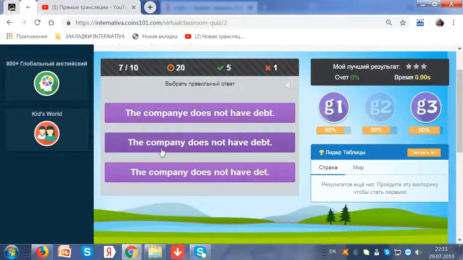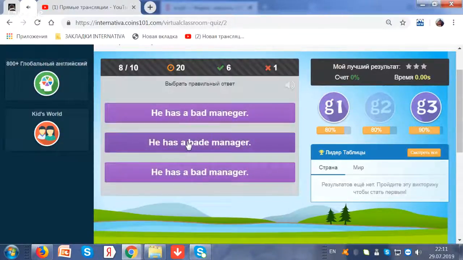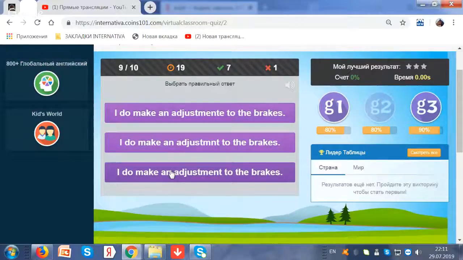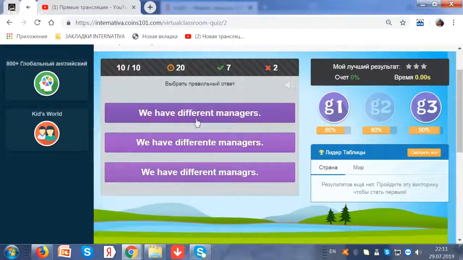The company does not have debt. He has a bad manager. I do make an adjustment to the brakes. Oh, clicked wrong again. We have different managers.